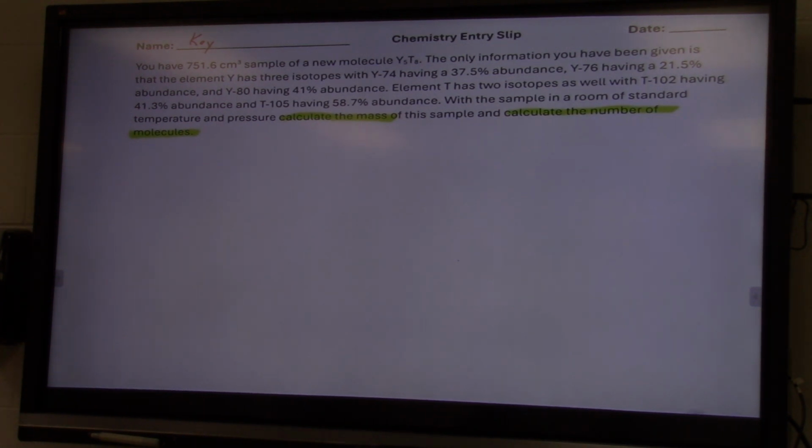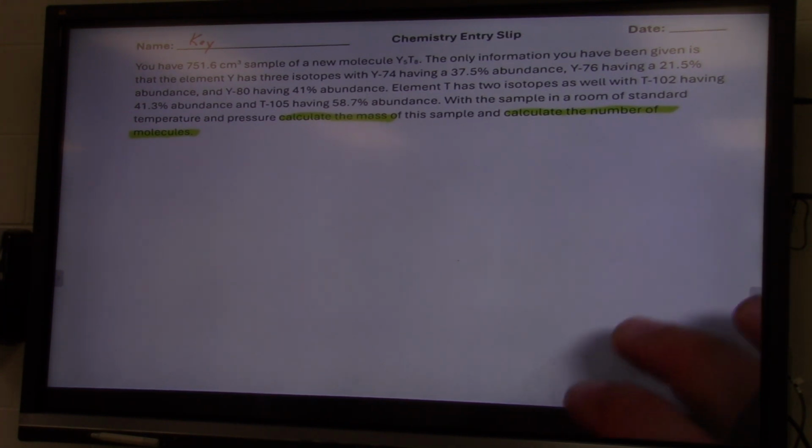Can you do it on the other ones? Absolutely, you should. But in this case, we have to calculate it, which is putting your skills of calculating the average atomic mass to use.